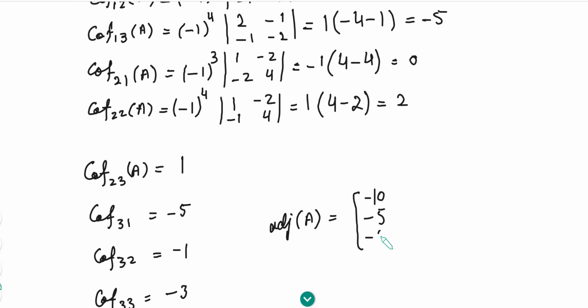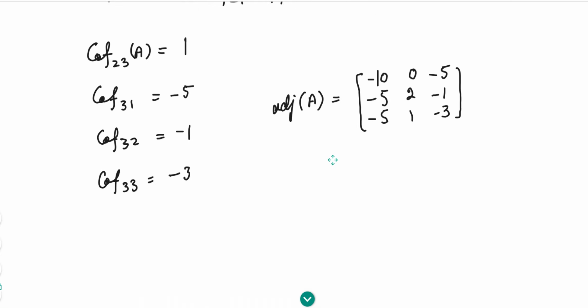And the other -5 was 1, 3, first row, third column, but now we change it to first column, third row, so -5 will be there. The next column will be 0, 2, 1, and the third is -5, -1, and -3. So this is our adjoint.